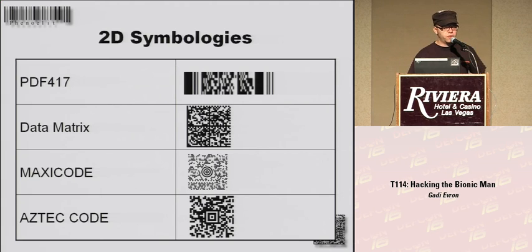That is true for most two-dimensional barcodes. You often see Aztec barcodes on UPS parcels. I've rarely seen MaxiCode except on stuff that Cisco sent me once in the mail. And PDF417 barcodes are widely used in Europe for ticketing systems, and we're going to go into those later.